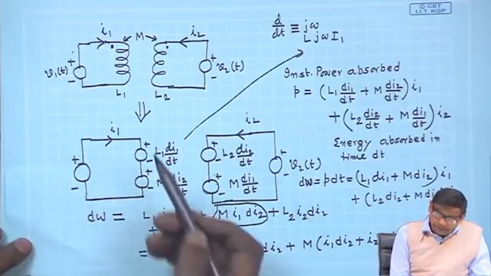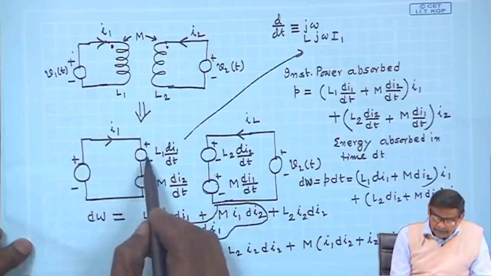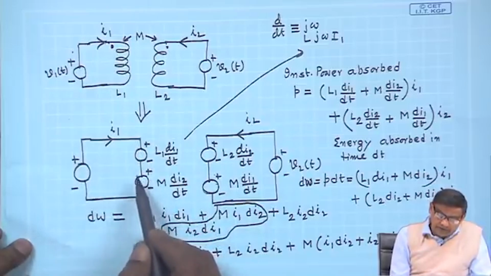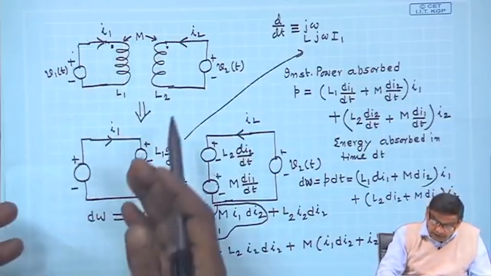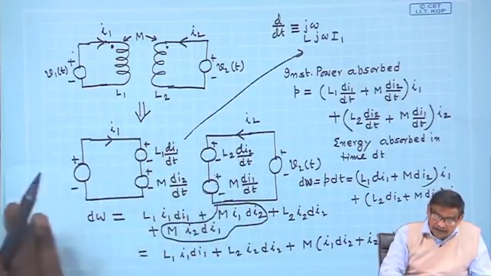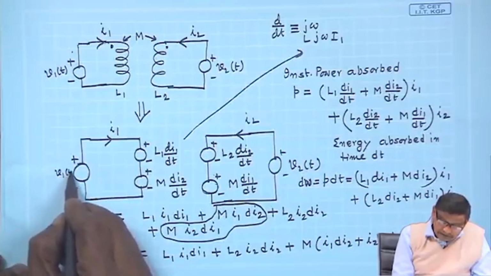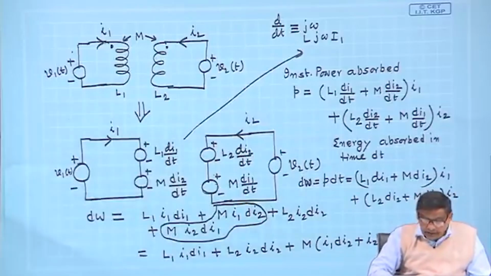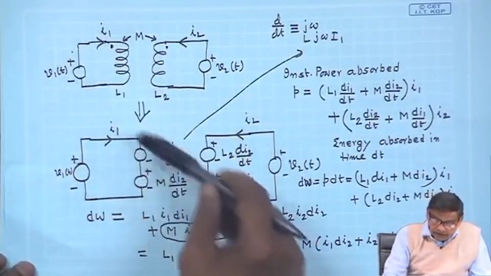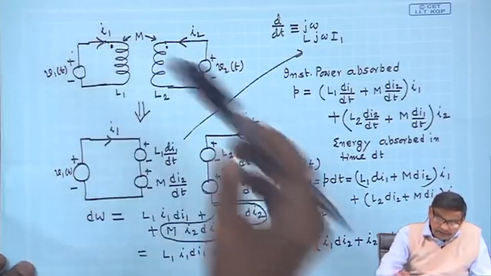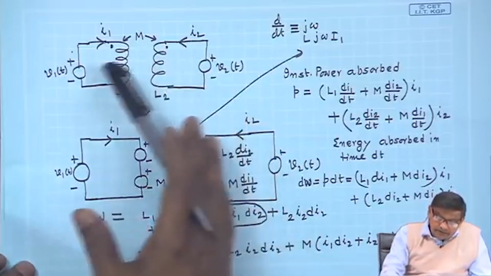And how to get that? Whenever a coil is there, it can be represented by 2 sources. After all, flux linking is also taking place in the coil, N d phi dt. So, some voltage is induced in the coil. This voltage is being balanced by the supply voltage. But when it is mutually coupled coils, wherever I1 is entering, irrespective of the dot, we know L1 dI1 dt. Now, here comes the importance of the dot.